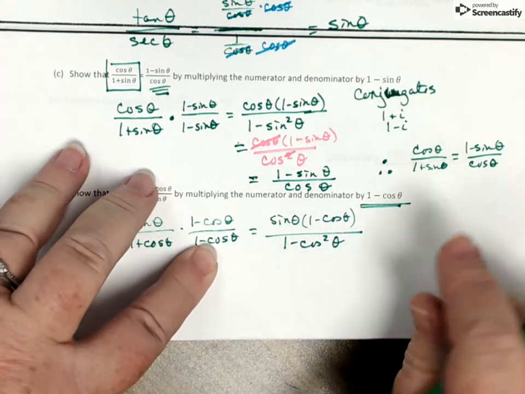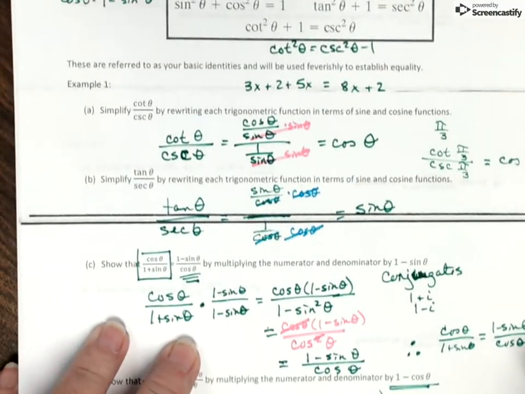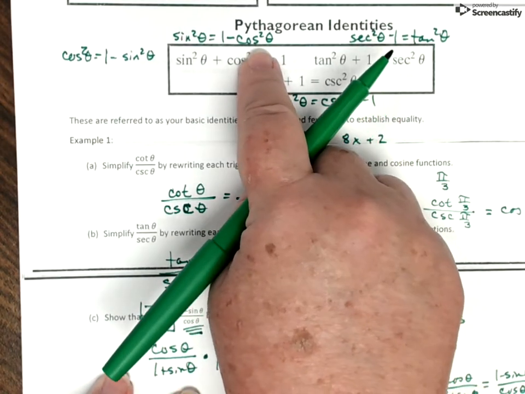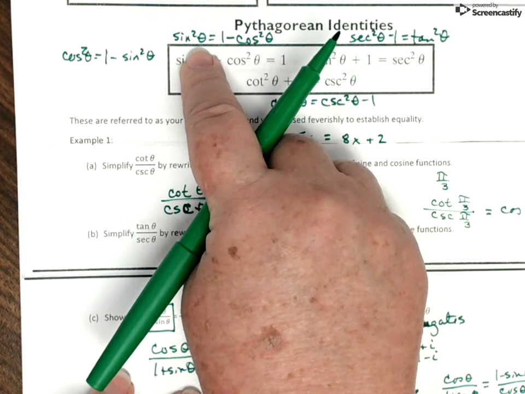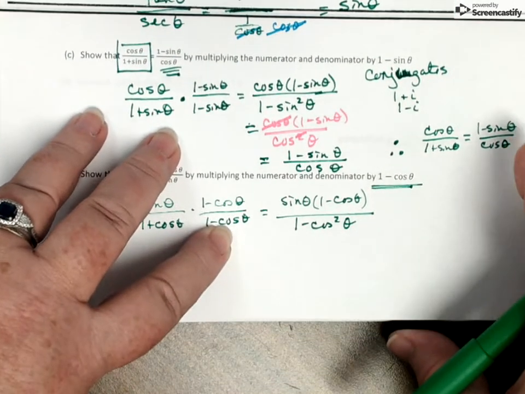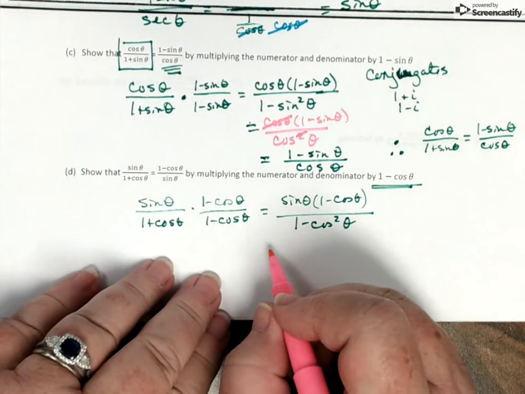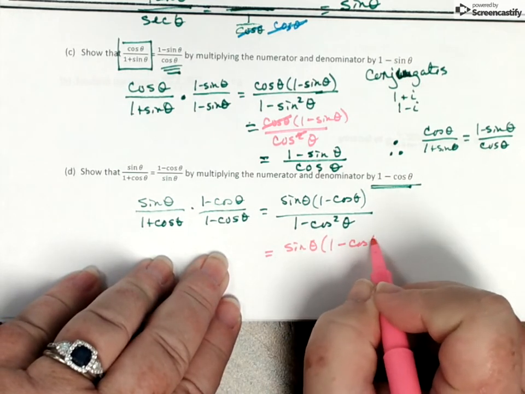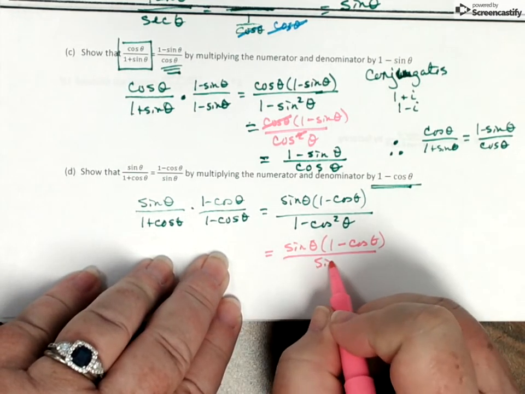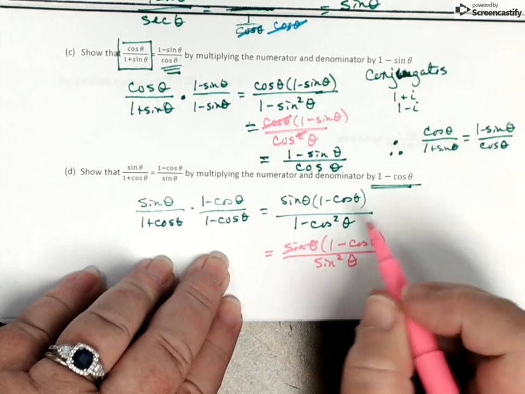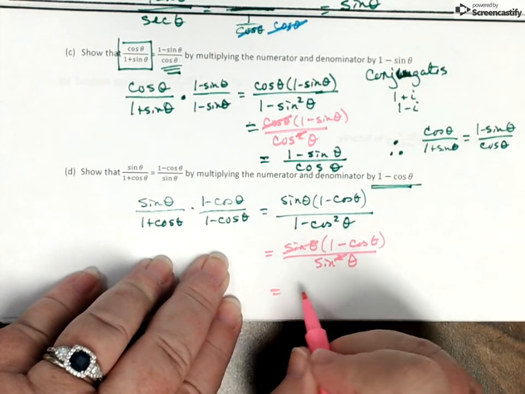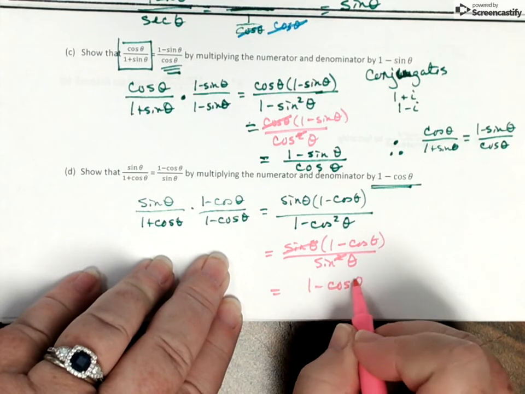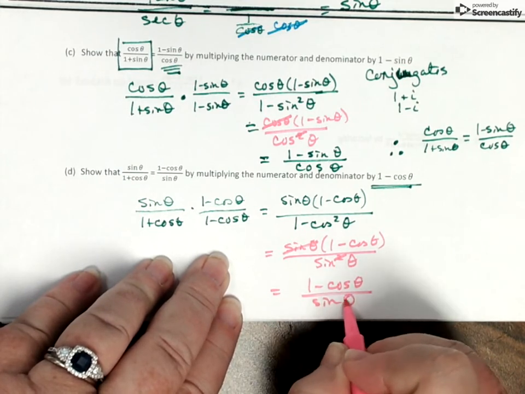Now remember, go back and look at our identities. 1 minus cosine squared theta is a stretched out way of writing sine squared theta. So I'm going to substitute and write sine of theta, 1 minus cosine theta all over sine squared theta. We can cancel out, and that gives me 1 minus cosine theta over sine of theta.